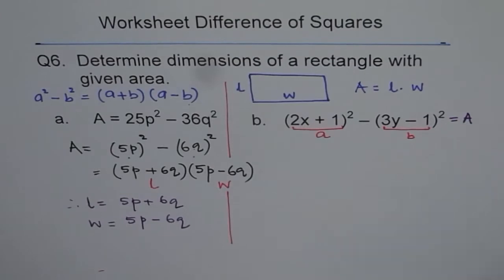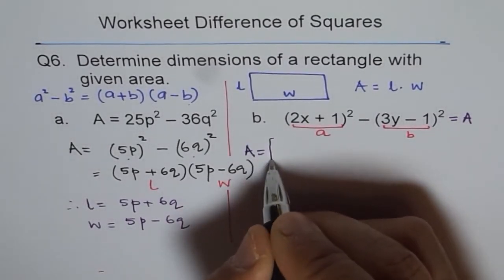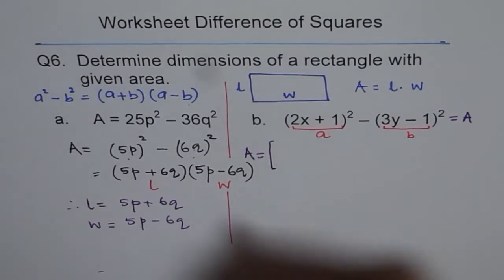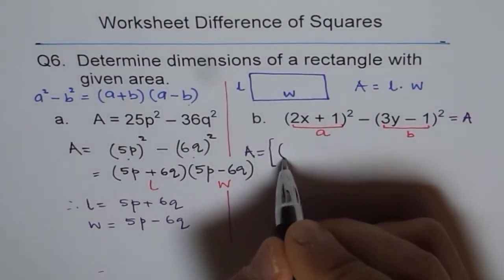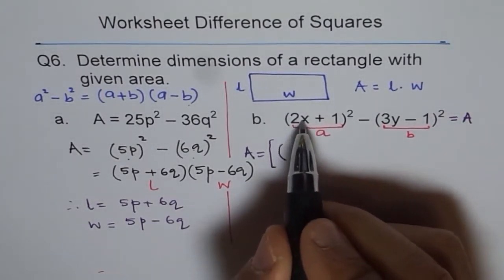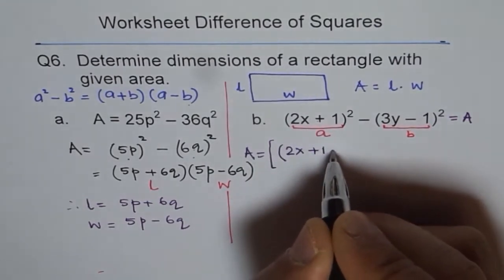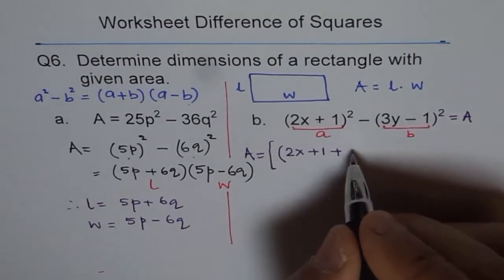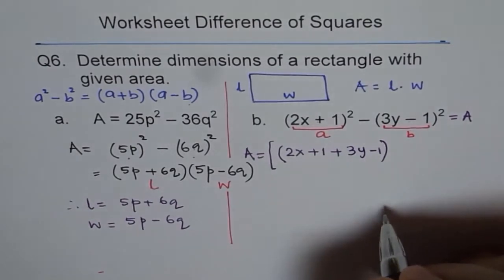So let me factor this and let me write down that our area A is equal to, I'm using two types of brackets now. Square brackets to begin with. And I'm writing A plus B to factor this. So what is A for me? A is 2x plus 1, the whole thing, A plus B. And what is B for me? B is 3y minus 1. So I'm writing 3y minus 1. So that is A plus B, right?